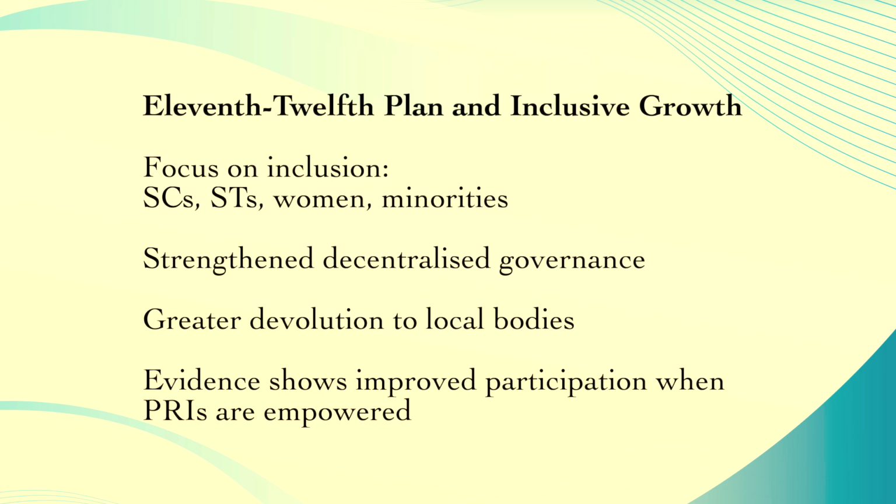So, decentralized planning gained institutional strength through constitutional reform and policy initiatives. The 73rd and 74th Amendments had already constitutionally empowered Panchayati Raj bodies, but from the 9th Plan onwards, there was a greater devolution of power, resources, and responsibilities to local governments.